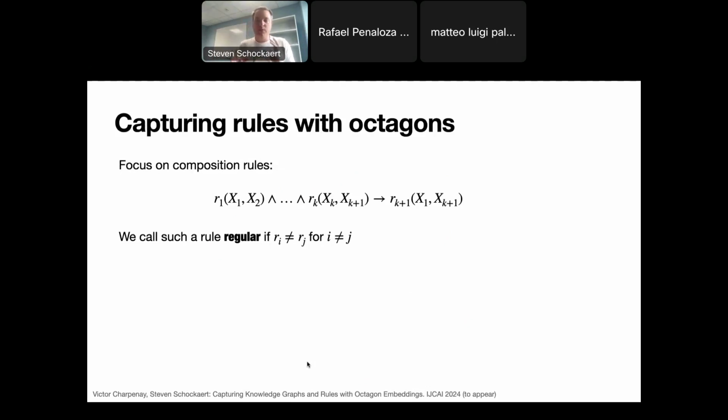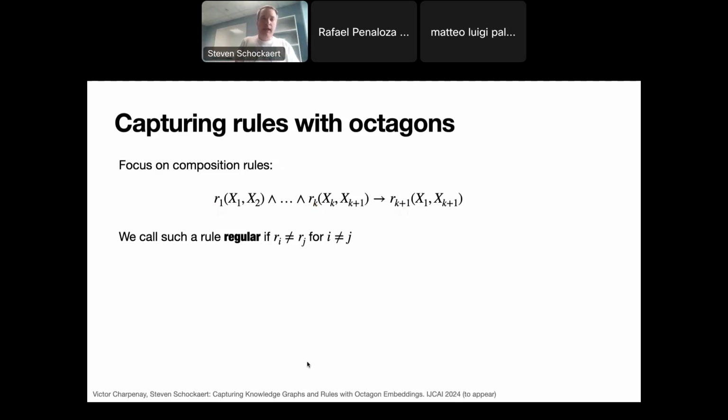But at least we can capture a subset of composition rules, which we call regular. What it means for a composition rule to be regular in this context is that all the relations that appear, r1 to rk in the body and then rk plus 1 in the head, are all different. So we can't have a rule where the same relation appears more than once.